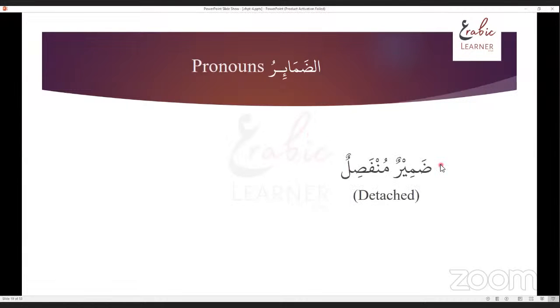So I mentioned that there are two kinds of damair: damirun munfasil and damirun muttasil. Munfasil means detached and muttasil means attached. Muttasil are those damair that get attached to an ism or a harf, or even to a fi'l.